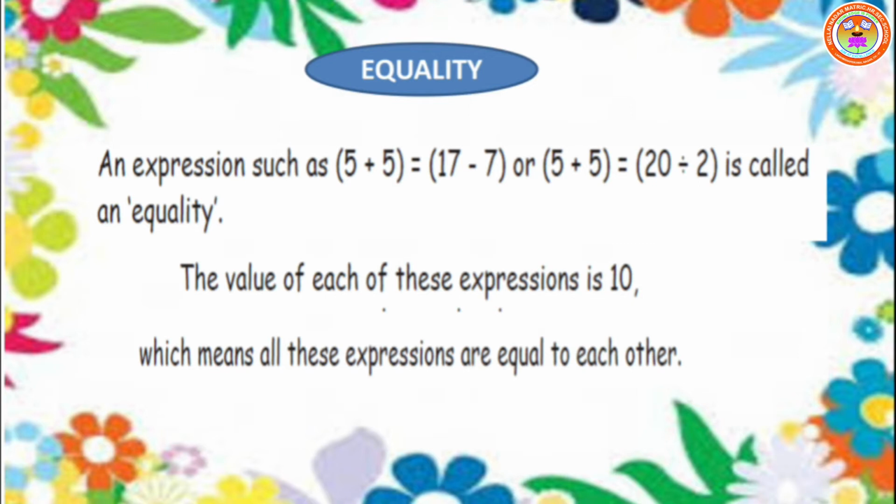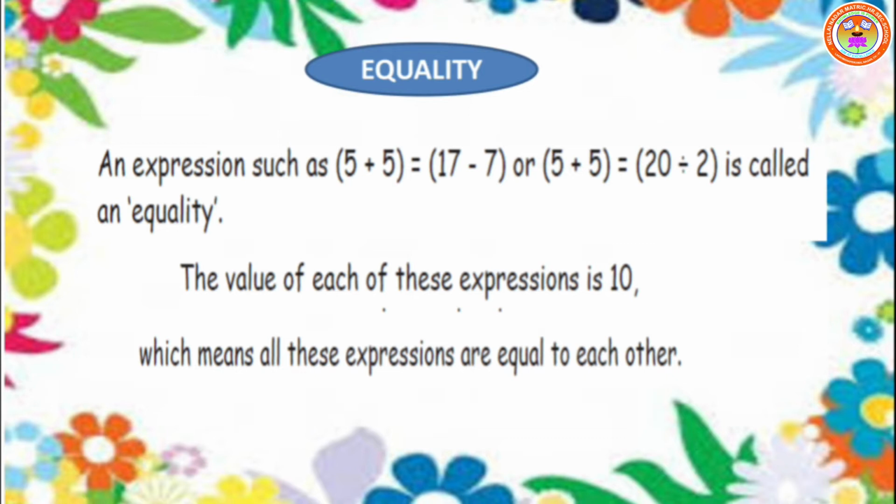What do you mean by arithmetic operations? There are different arithmetic operations: addition, subtraction, multiplication or division. So when expressions combined with these arithmetic operations produce the same result, we call them equality.